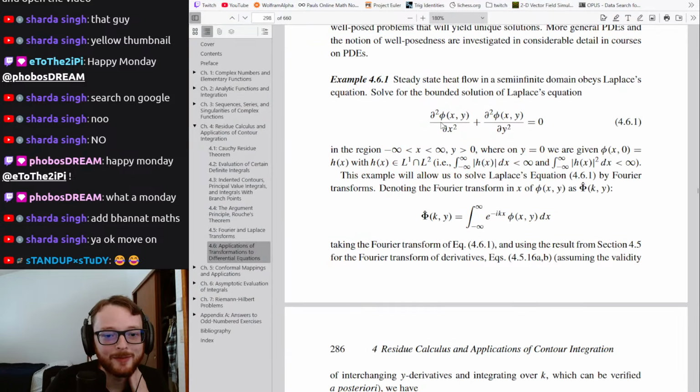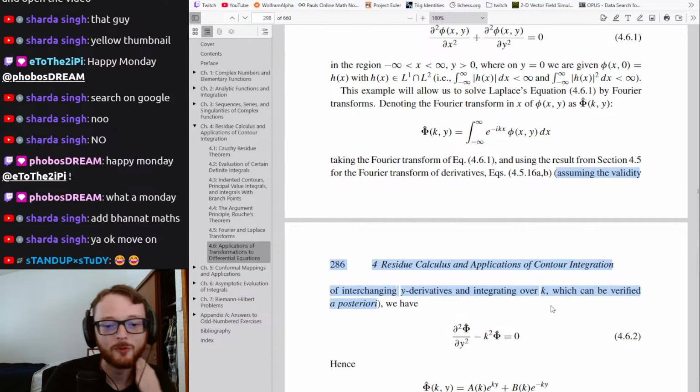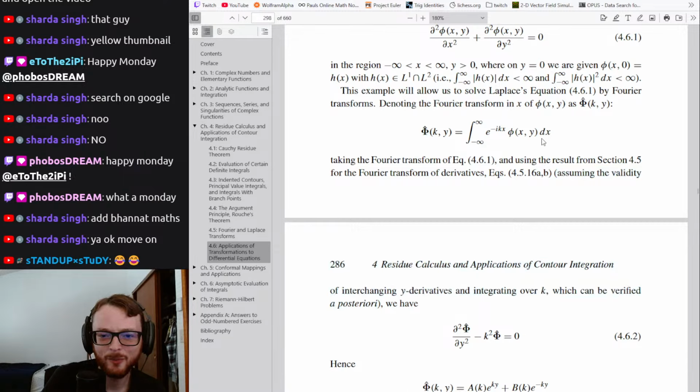I think they address what's going through my head right here. Well, they sort of address it. We have to be able to interchange y derivatives and integration over k. Integration over k? Do they mean over x?